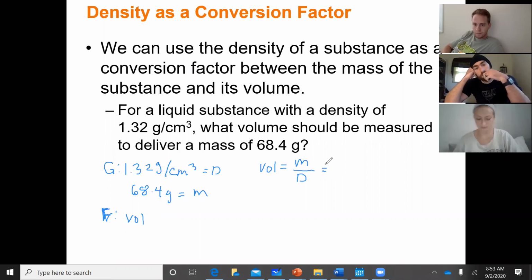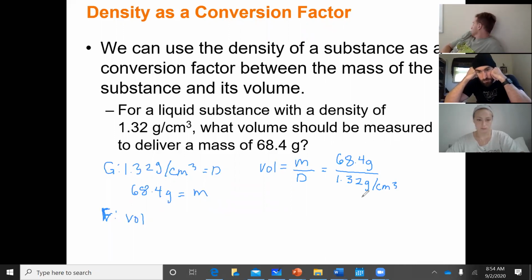So I can plug it in. Mass on the top, 68.4 grams over 1.32 grams per centimeter cubed. Now, when I plug it in, again, I like to put my units in because it lets me know that I've done it correctly.